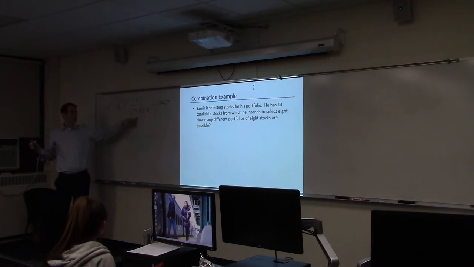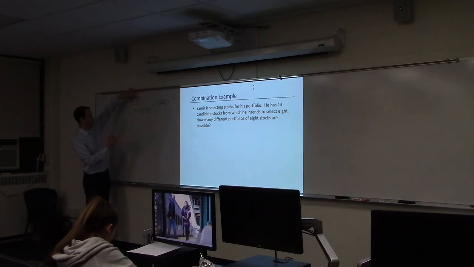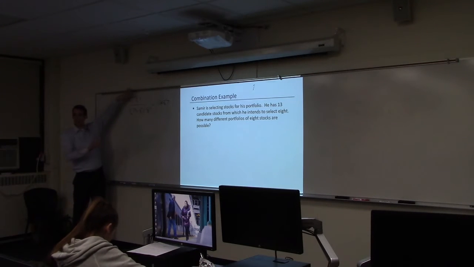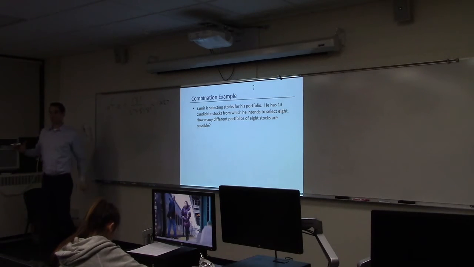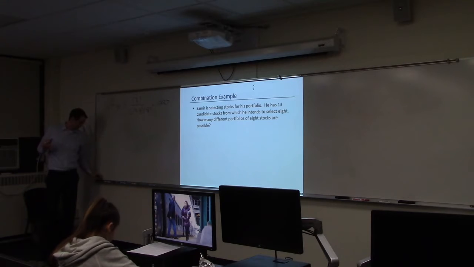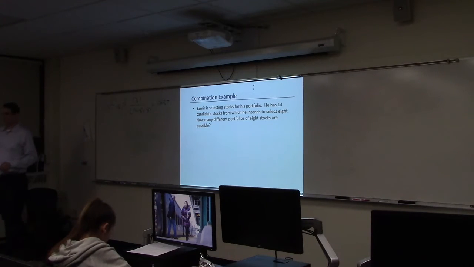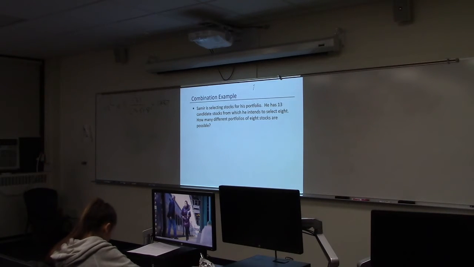So you do 7 factorial, multiply that times 8 factorial, and you'll divide 13 factorial, that huge number, 6 billion or something, by whatever this comes out to, and you'll get 1287. Make sense? Good?